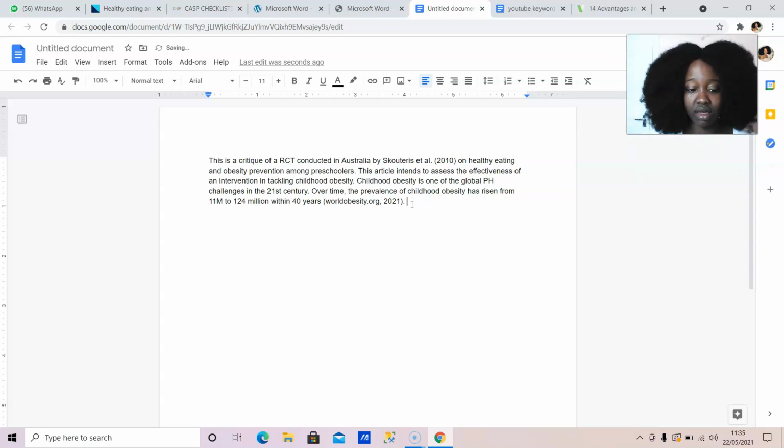So the rate of growth of this epidemic is quite alarming and poses a risk to the overall health of the population, right?